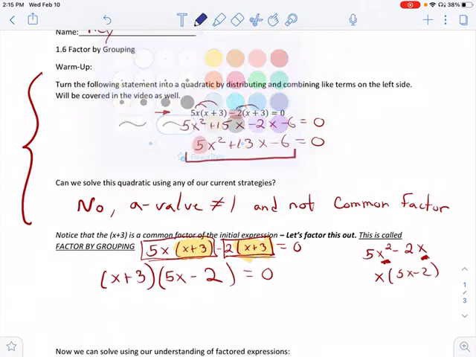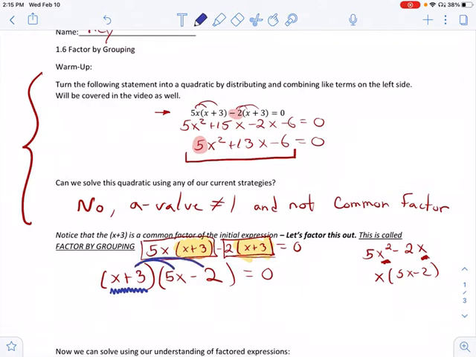This is another good case where if I visualize distributing that entire x plus 3 to both of those, I would end up with 5x times x plus 3 minus 2 times x plus 3. And that was what we started with. So sometimes it's easier to agree with it when it's written in reverse.